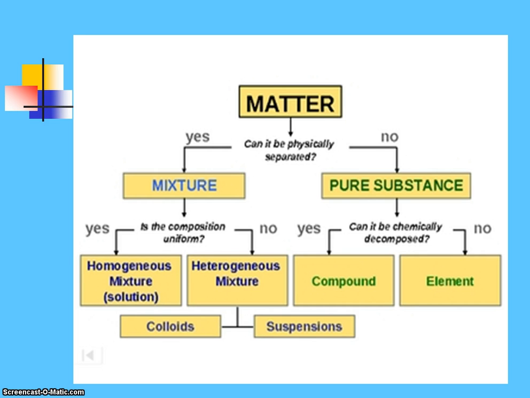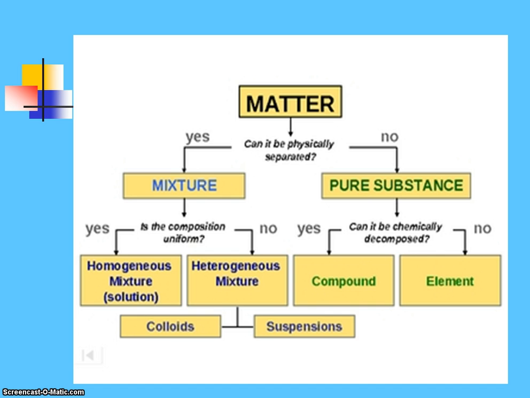If it is, you probably have a solution or a homogeneous mixture. If you have a pure substance, that means it cannot be physically separated, and if it cannot be chemically broken down, it's an element. This is another way the flow chart can flow.